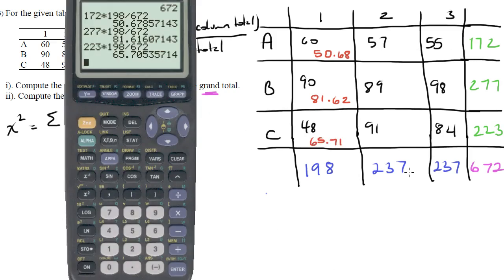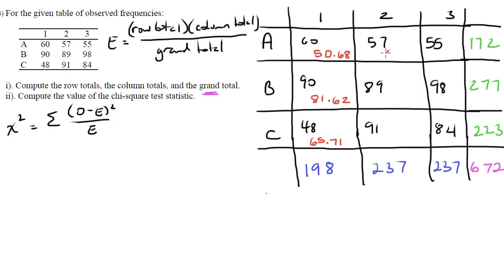Here, 172 times 237 divided by 672. 60.66. Now, the funny thing is, this will be the same too because it's 172 times 237. So these values will be the same. Oh, gosh, I did drop it. Got it.